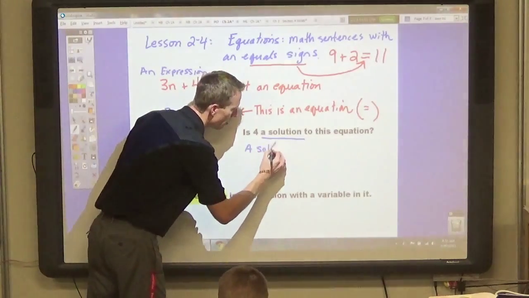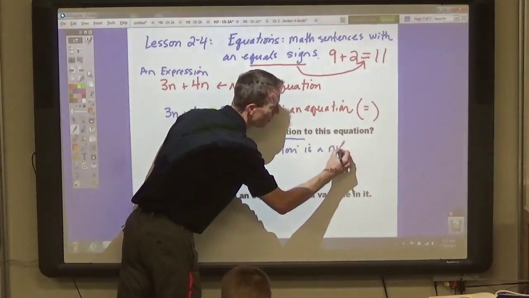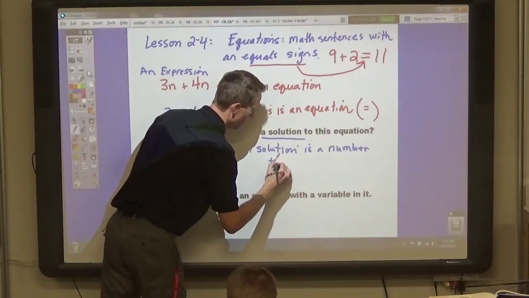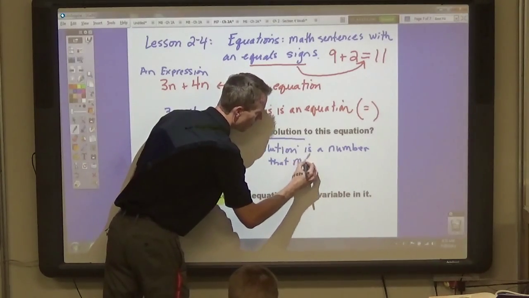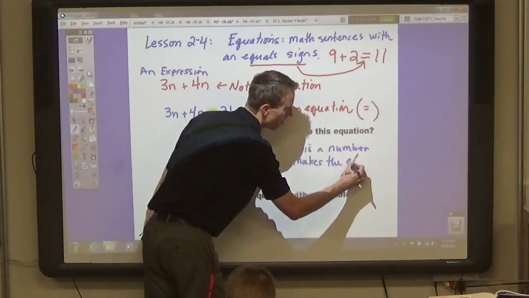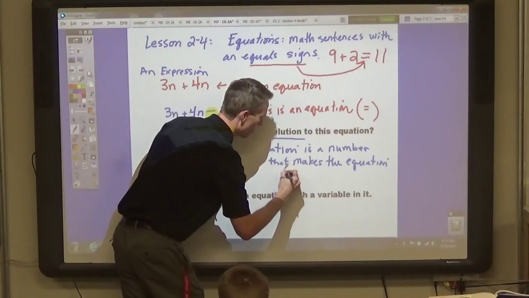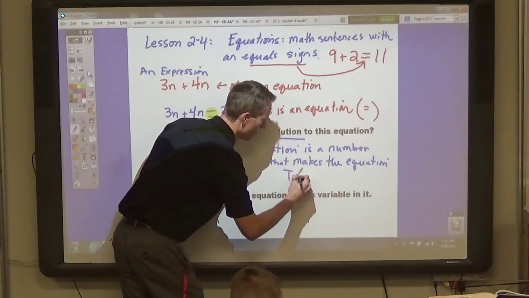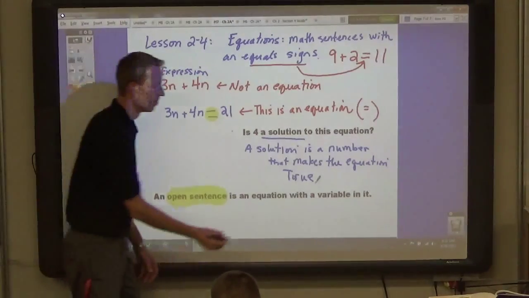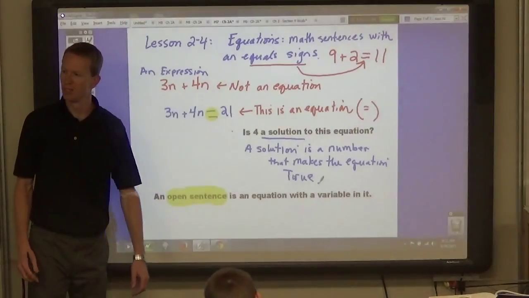A solution is a number that makes the equation true. Okay? So, does 4 make the equation true?